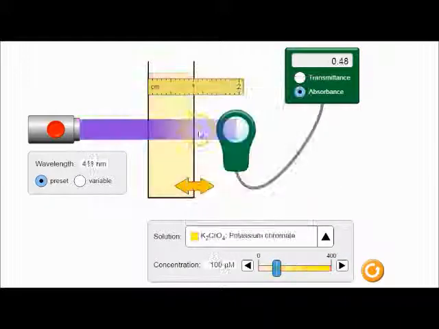And then this potassium chromate happens to absorb purple light better than it absorbs the other colors. So that's interesting, right? It's kind of interesting that the color of the solution is almost the opposite of the color of light that it absorbs the best. You can think about that for a while.